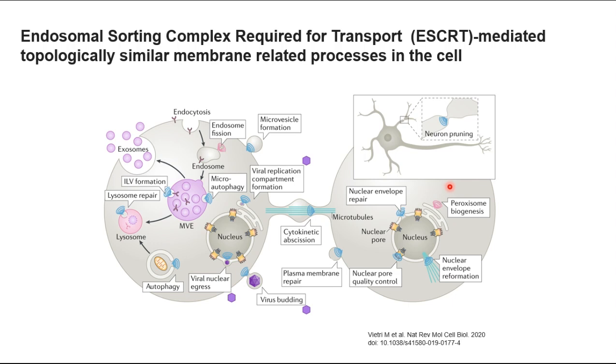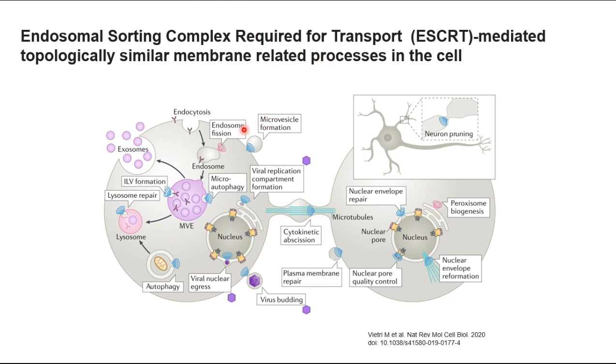Here you can observe that processes related to endocytosis or multivesicular endosome formation, specifically the formation of the intraluminal vesicles inside the multivesicular body, are regulated by the ESCRT complex. But not only these kinds of events, the ESCRT complex also regulates cytokinetic abscission.